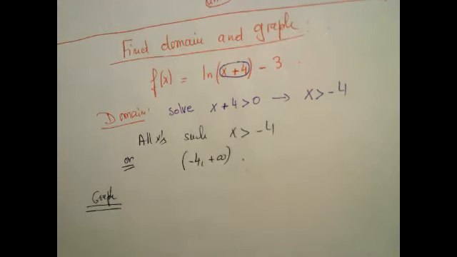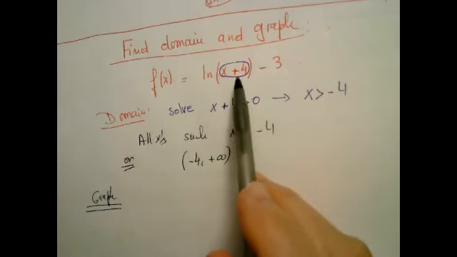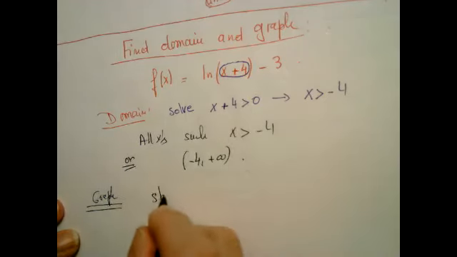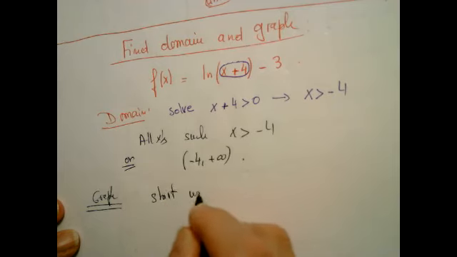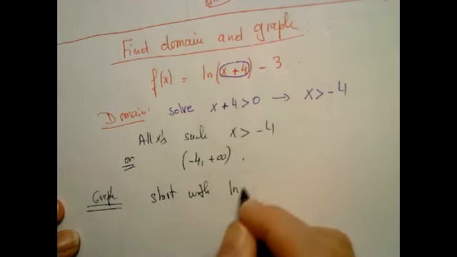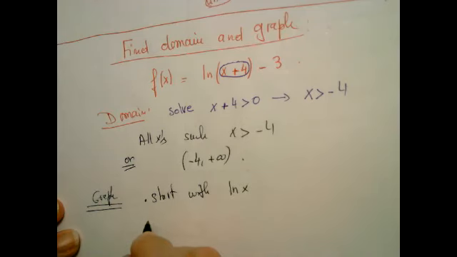Before we do it, let's see how we get it. What would you do first? So we're going to start from ln of x. Then what do we do next to get this graph? Quickly, and then we graph it. Shift down by 4.